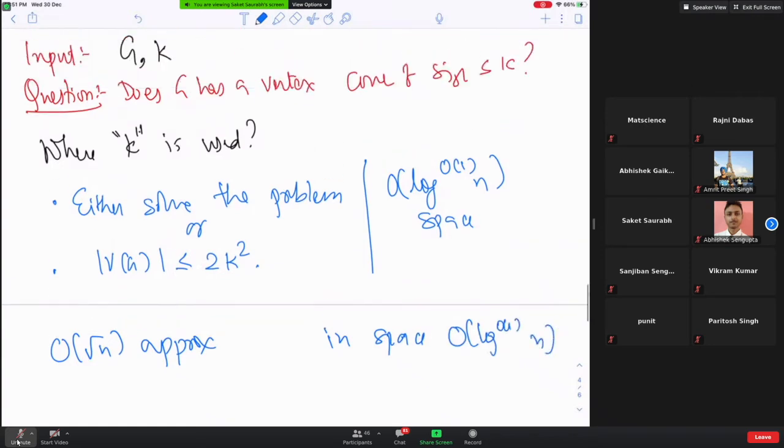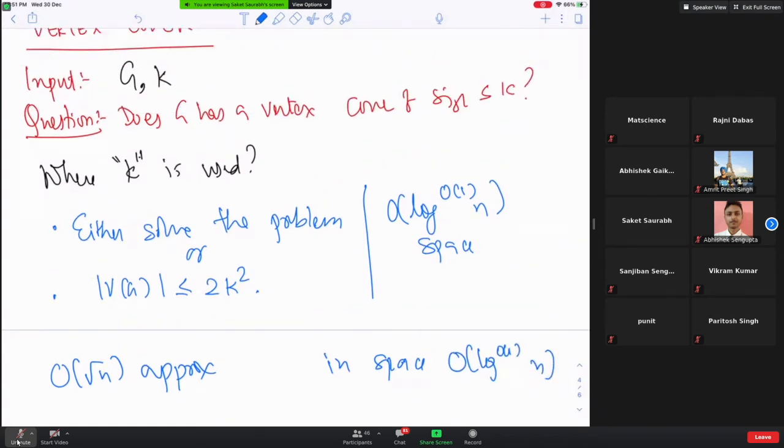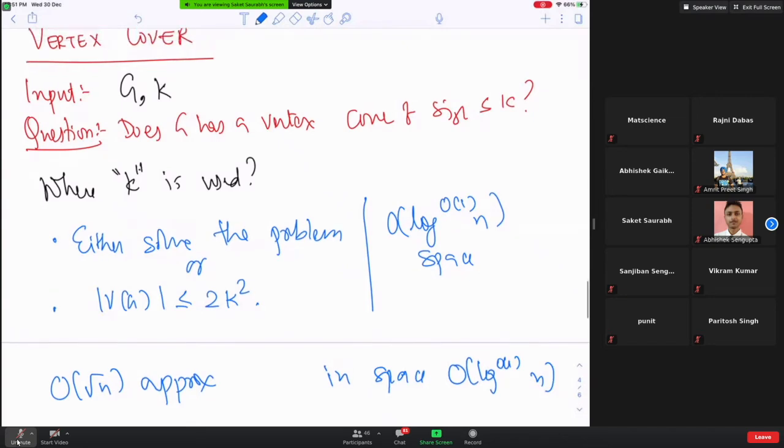Suppose I have an algorithm which, in polylog space, either tells me yes or no, or gives me a vertex cover, or tells me that your vertex cover is at most 2k squared. Is this information helpful to design this approximation algorithm? Do you understand my motivation? So I have this instance, and I will design an algorithm which will have the following property.